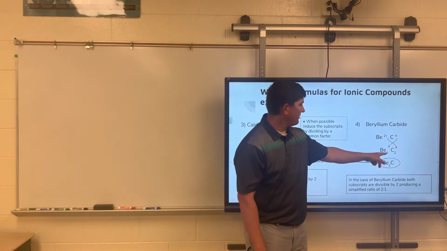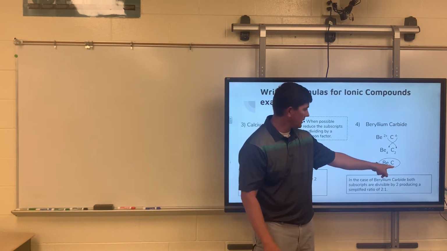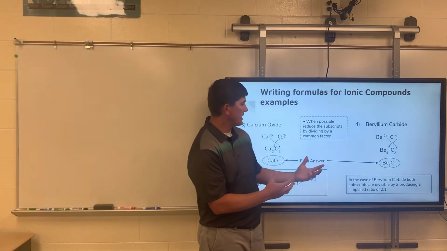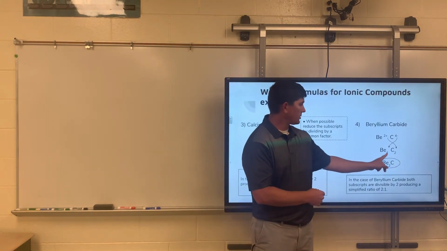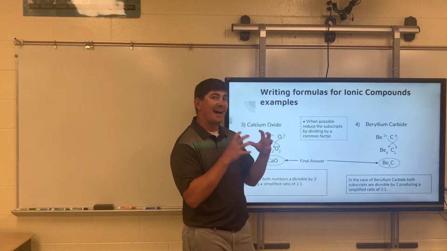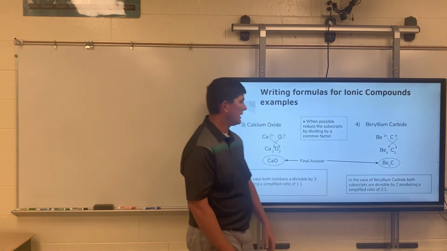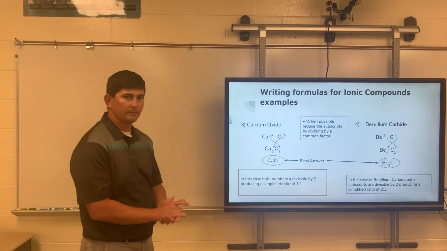So I take the 4, divide it by 2, and I get 2, and I take the 2 and divide it by 2, and I get 1. So we've reduced that to a 2-to-1 ratio. Instead of a 4-to-2 ratio, it's a 2-to-1 ratio, which is still balanced, it's still neutral right here, right? So we end up with Be2C for this particular one, okay?